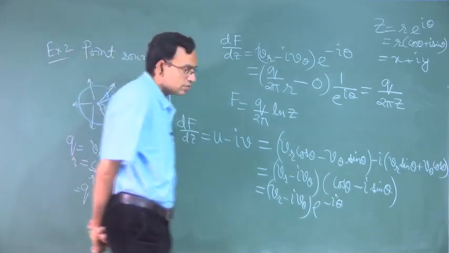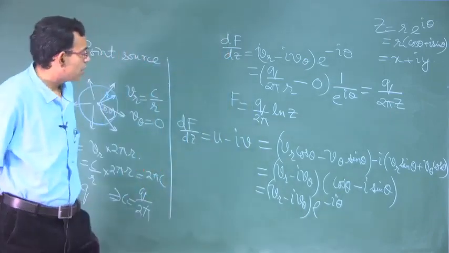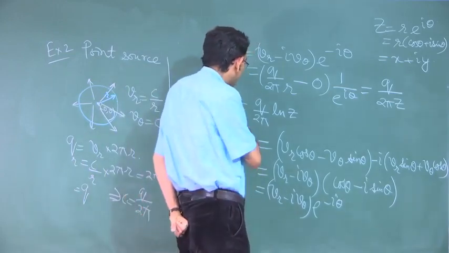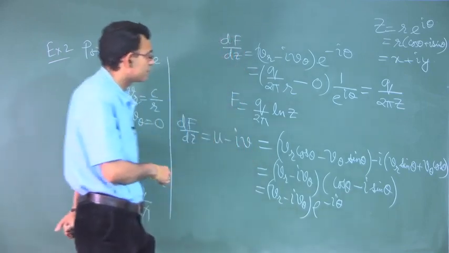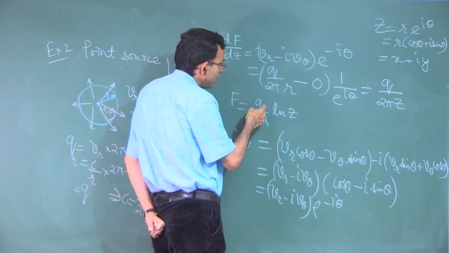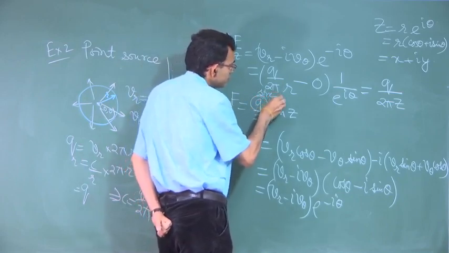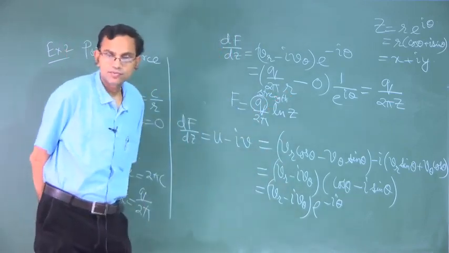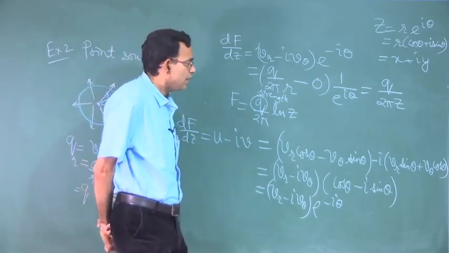So, we can sum it up and say that the f, the complex potential function f for a source will be related to the flow rate. So, this sometimes is called the strength of the source. So, q by 2 pi ln of z.